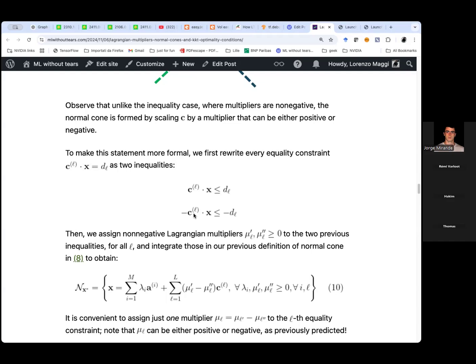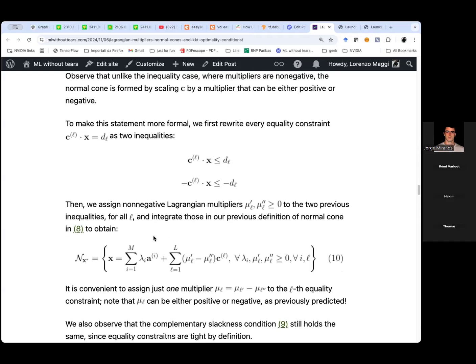No, because if you multiply by -1 left and right, you end up with Cx greater or equal than d. So basically it says Cx is at the same time smaller or equal and greater or equal, so it must be equal. Okay. So basically, it's like that.